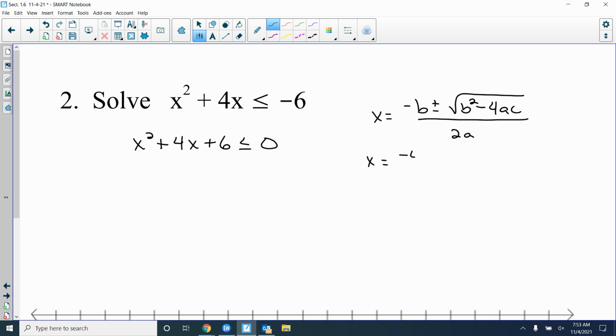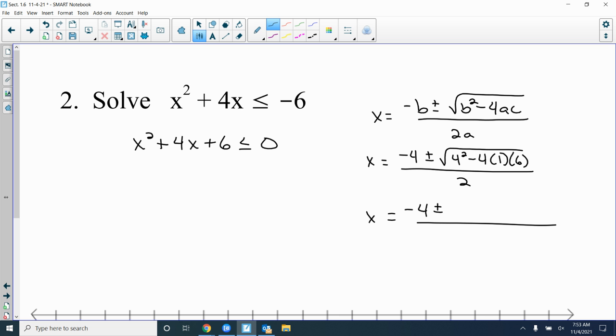Opposite of 4 is negative 4, plus or minus the square root of 4 squared minus 4 times a is 1, c is 6, all over 2. What do we get inside? 16 minus 24, which is negative 8. So the square root of negative 8 over 2.